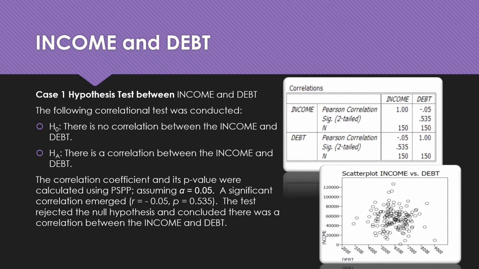The next example shows that we have a very weak relation because the value of R is almost 0. The drawing is not supporting it as well. So yes, we can reject the null and accept the alternative, but it's a very, very weak relation.